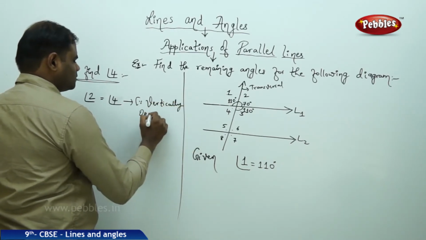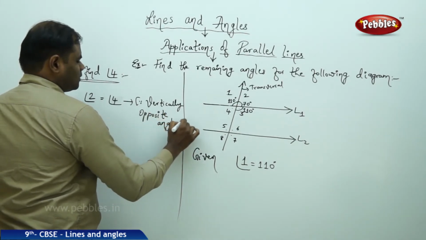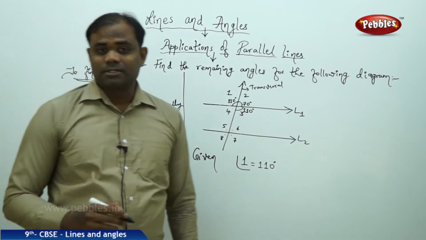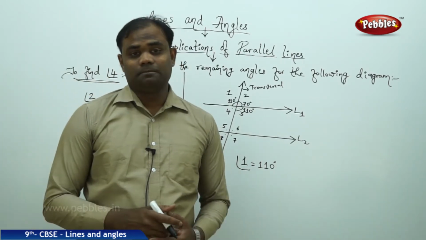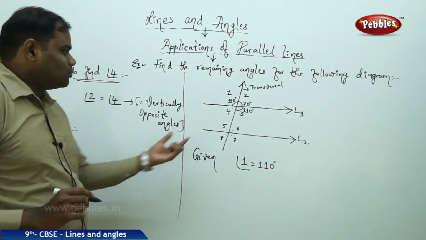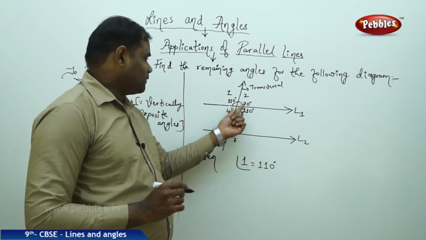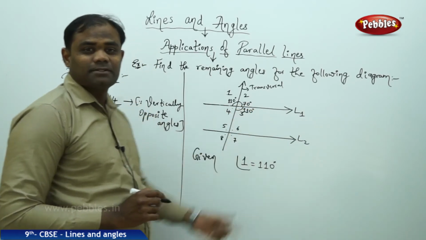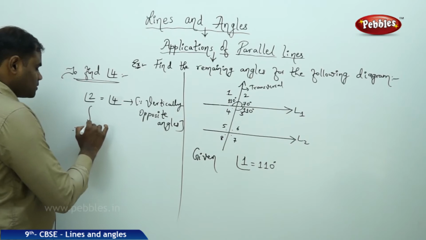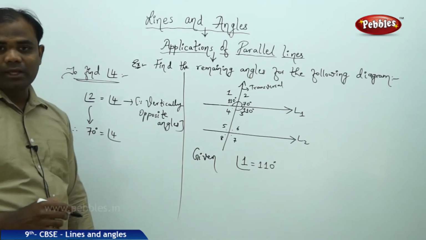Vertically opposite angles are always equal. Therefore, let's see what is angle 2, which we have already found in the previous case. We have found angle 2 to be 70 degrees, which I'm going to substitute here, which I get through angle 4.